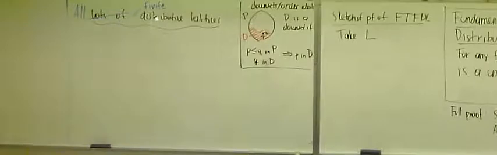Look at the join irreducibles. This one, this one, this one, this one, and this one, and this one. Give them names. 1, 2, 3, 4, 5, 6, and see what poset they form. Okay. So 1 and 2 are minimal in this poset.